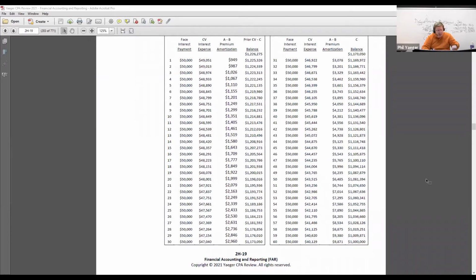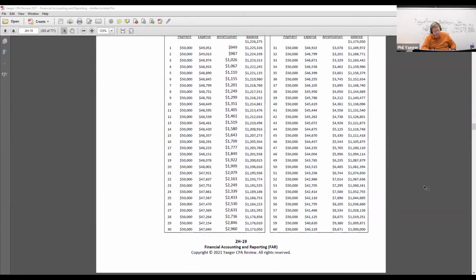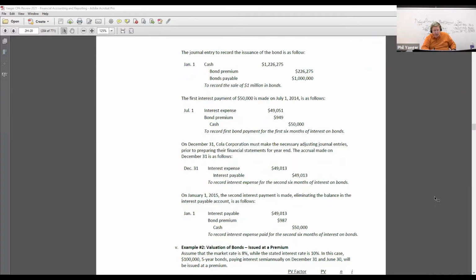Now, if we go back to page 2H20. Here's your entry. There's January 1st when we sold the bonds. And there's the July 1st entry we just made. You see that? Now, the next thing we're going to do is record the accrual for the interest.